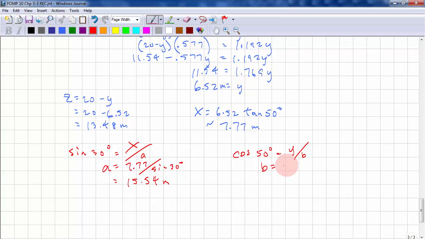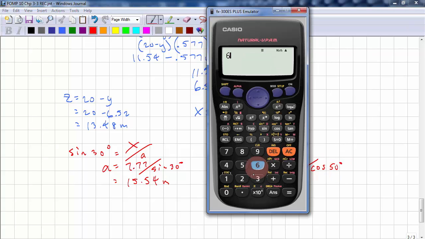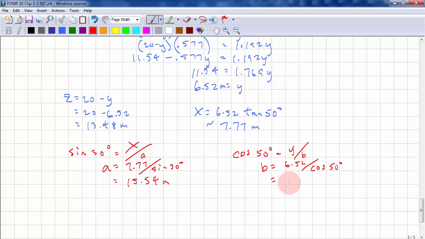So b equals 6.52 divided by cos 50. And we get 10.14 meters. And this should say approximate. This should say approximate, and this should say approximate.